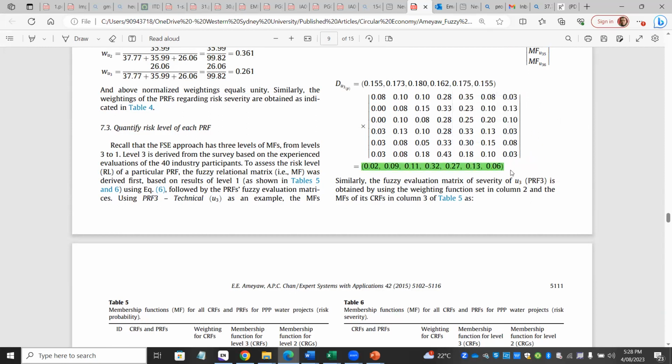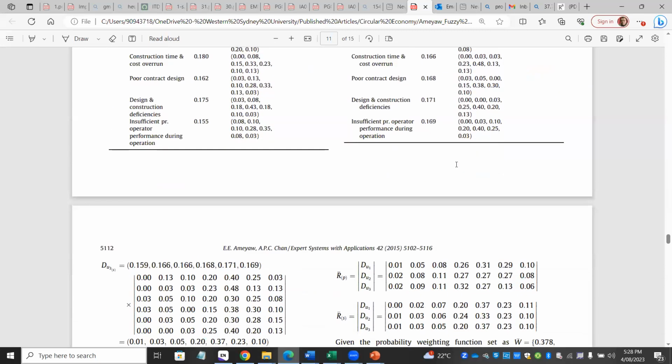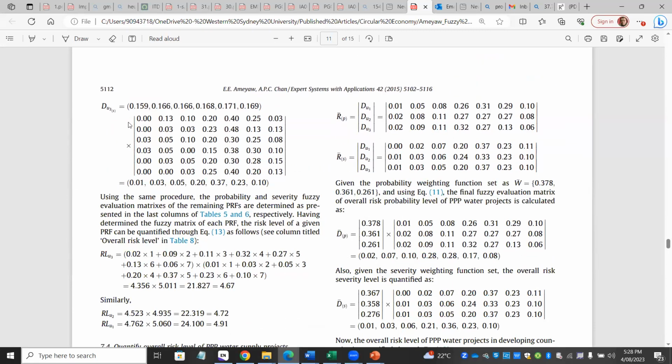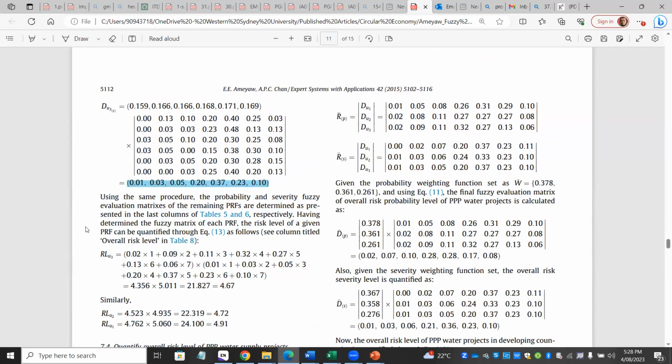This. I've made it green. Okay. The individual weighting of the critical factors by the membership functions of the critical factors. Each of them gives us this. Okay. Then when you do it for the severity, it also gives us this. Don't forget. I'll make this one light blue.